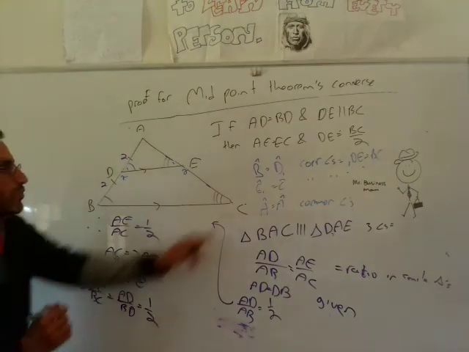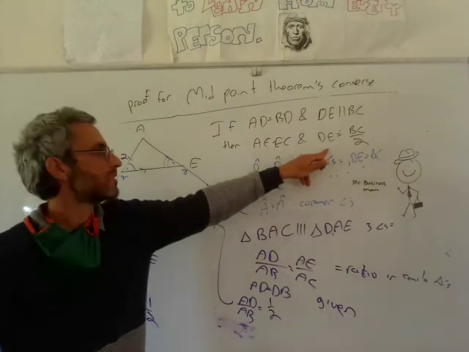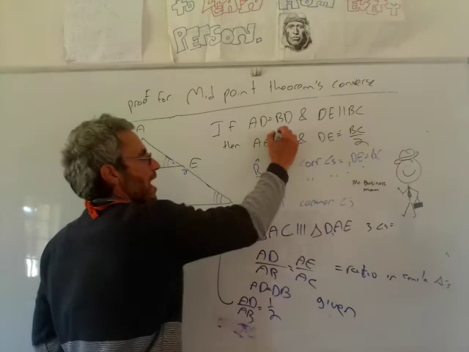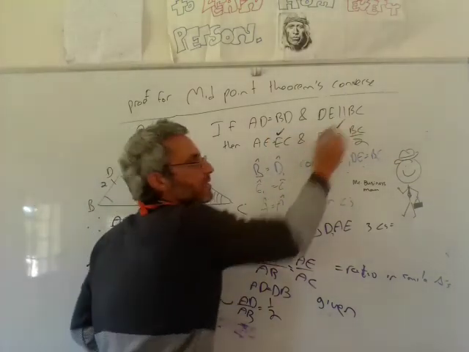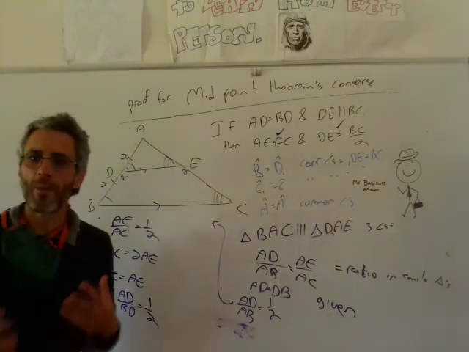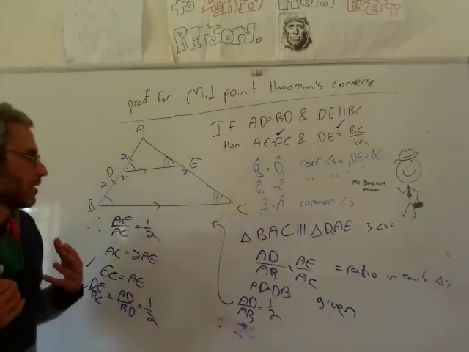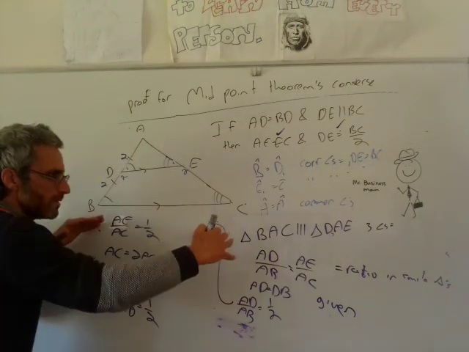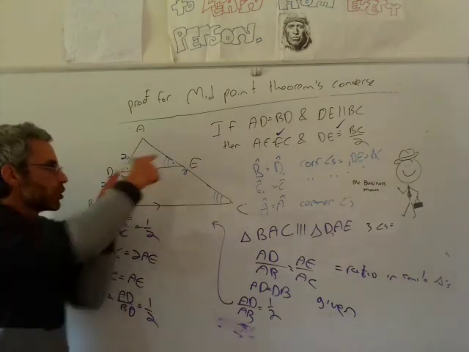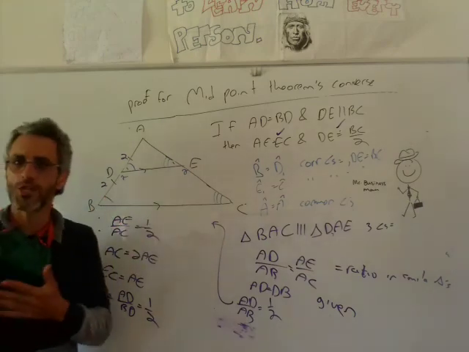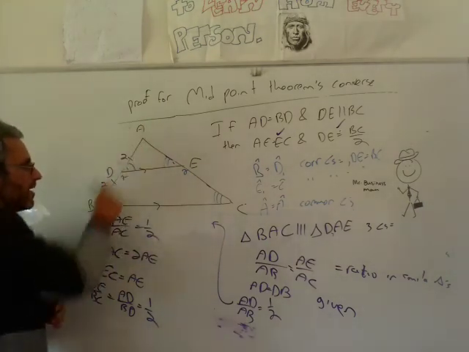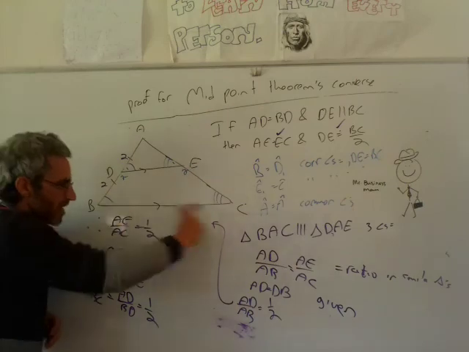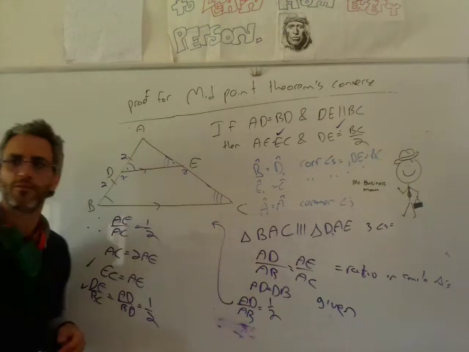That's the stuff I needed to prove. So I proved that one, AE equal to EC, and now I've proved that one. The whole proof works on proving that these two triangles are similar. Once I know they're similar, because I showed that the angles are the same, then the ratio must be the same. And if that divided by that is half, then that divided by that is half, and that divided by that is half.